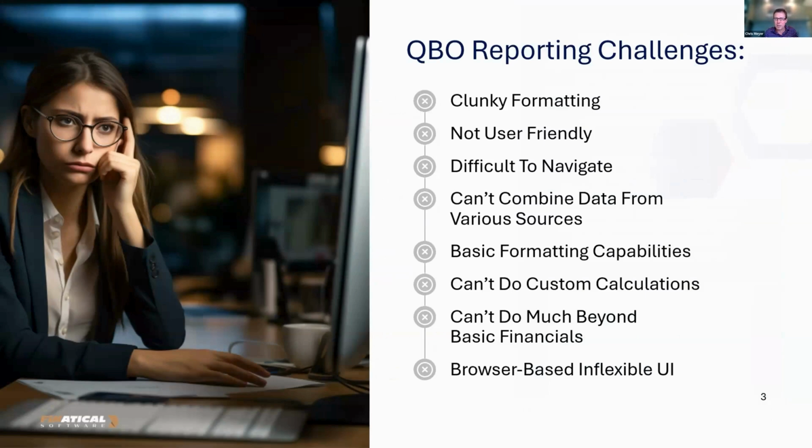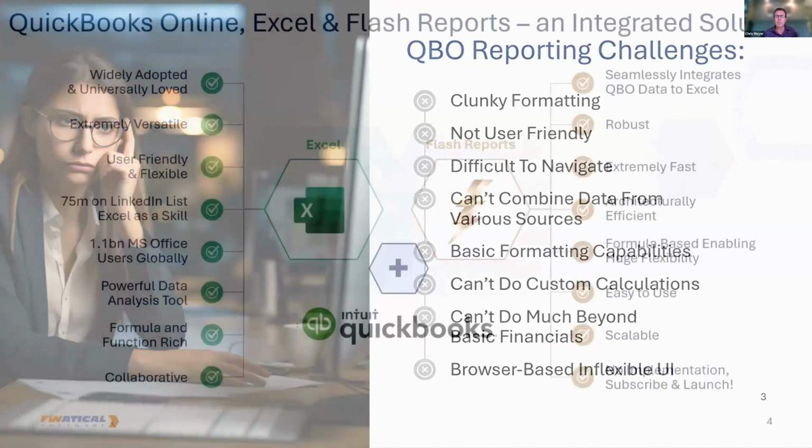Listed here are a couple of them: custom calculations, or adding more columns for comparisons such as actuals versus budget, or different types of periods. We find that challenging. The other part is that browser-based reporting tools have great benefits, but when you want to do additional calculations, they run into some limitations.